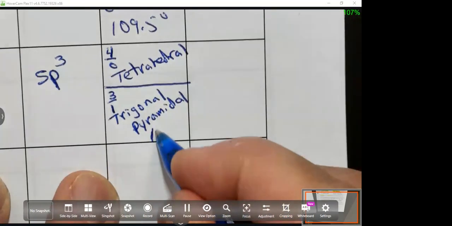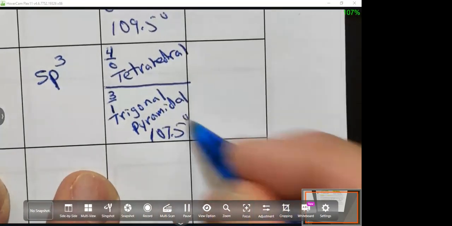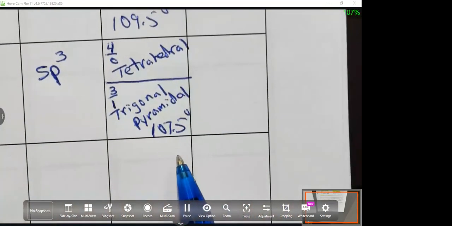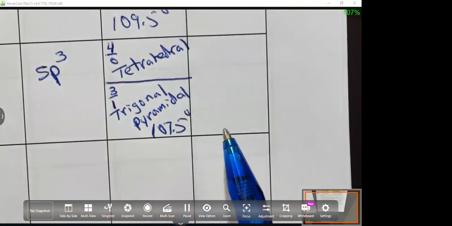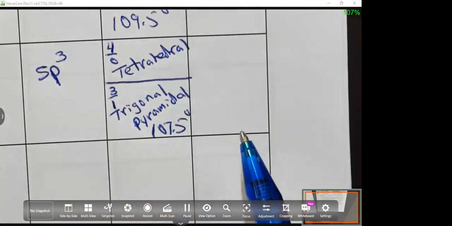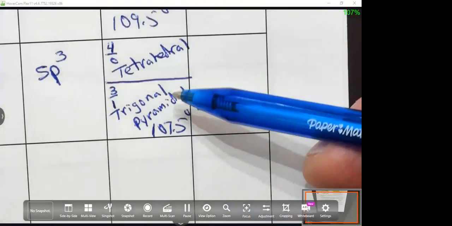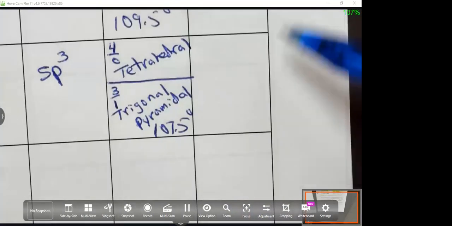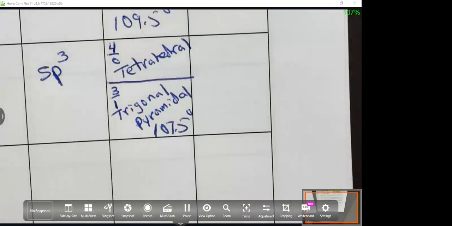Modify this now. All 107.5. So what happens is this. This should make perfect sense.